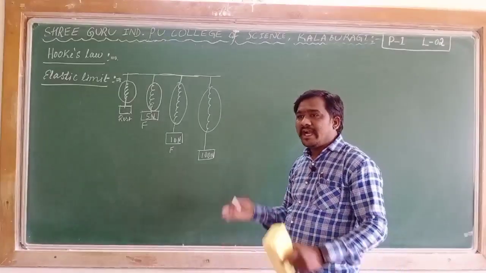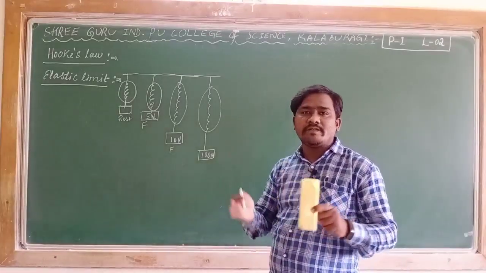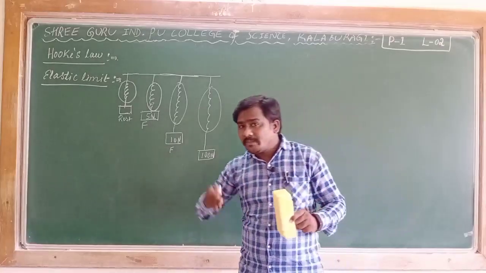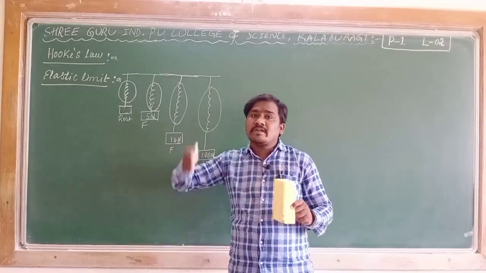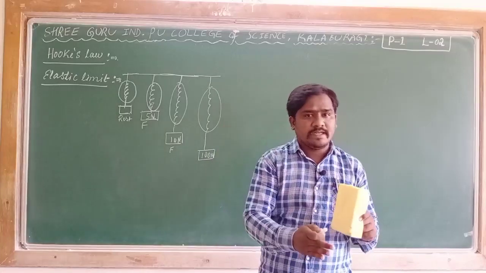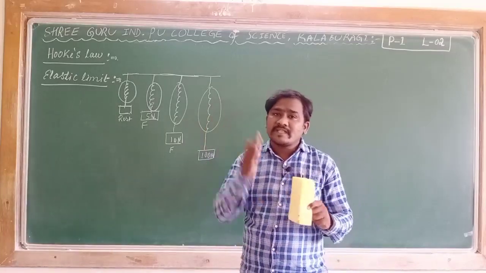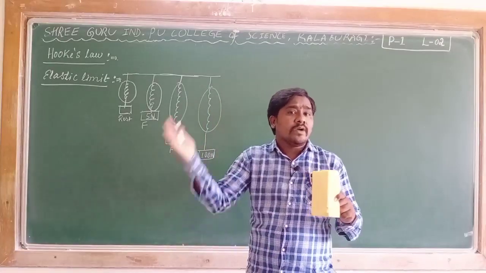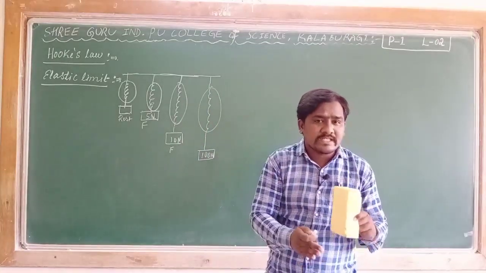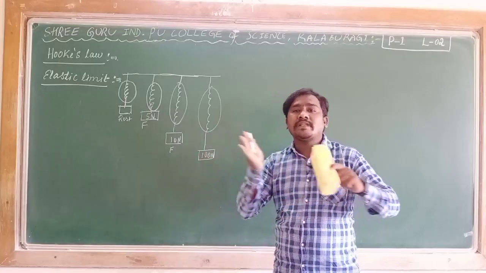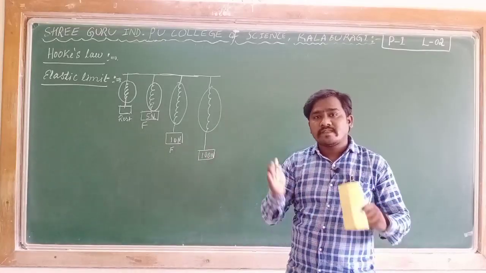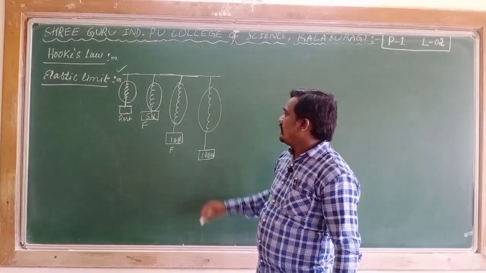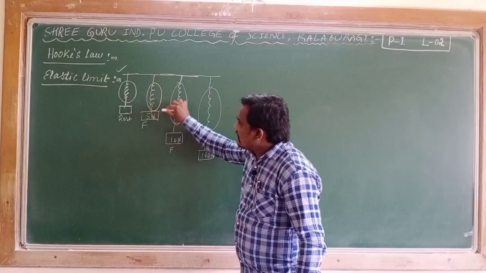Elastic limit means the maximum stress applied on a solid body, for which the body regains its original shape or size after removal of the deforming force. That point we call the elastic limit.